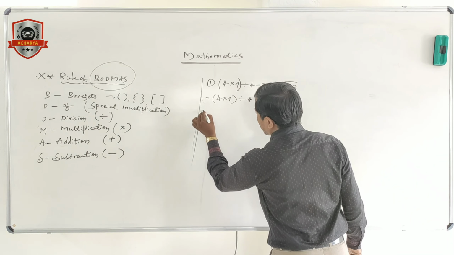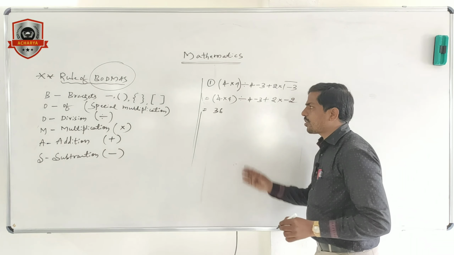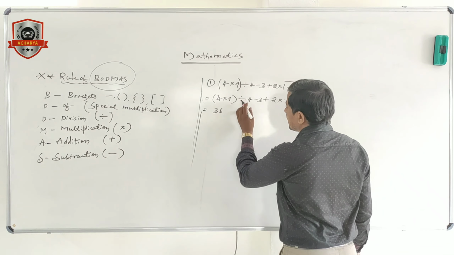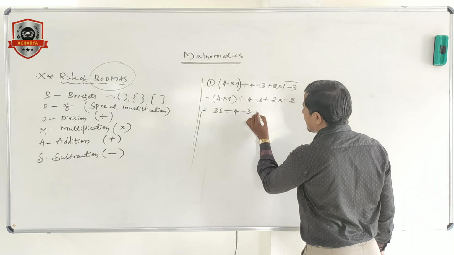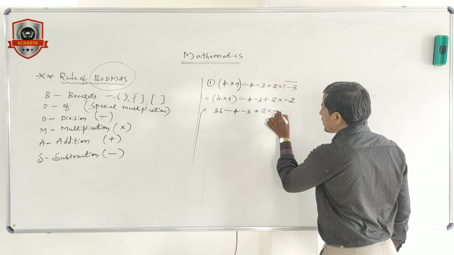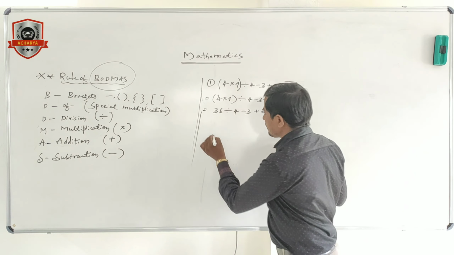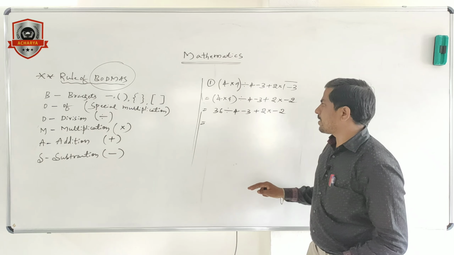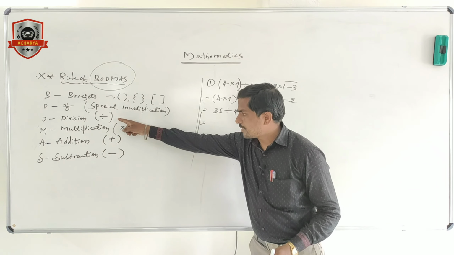So we can solve the small bracket. 4 nines are what? 36, or 9 fours are 36, divided by 4 as it is, minus 3 as it is, plus 2 into minus 2 also as it is. Then the bracket is over. Then what about the next step?